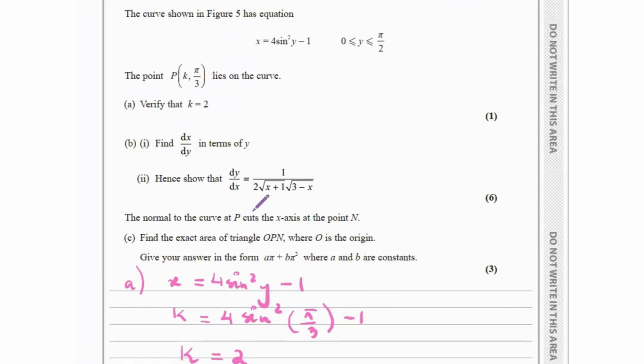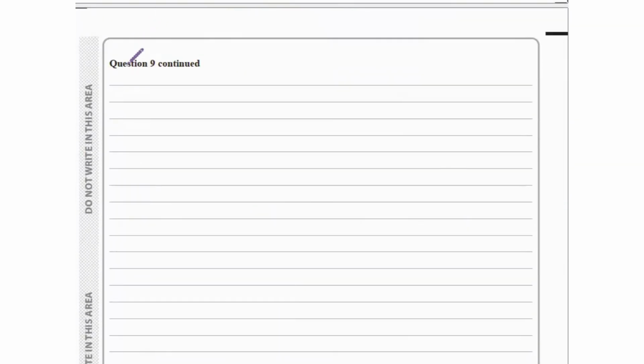It says find dx by dy in terms of y. So we differentiate the equation now. dx by dy is going to be power down, so 2 times 4 sine y times the derivative of sine, which is cos.